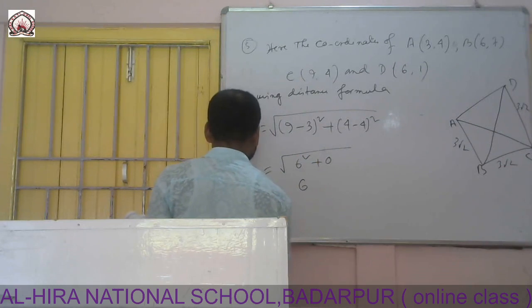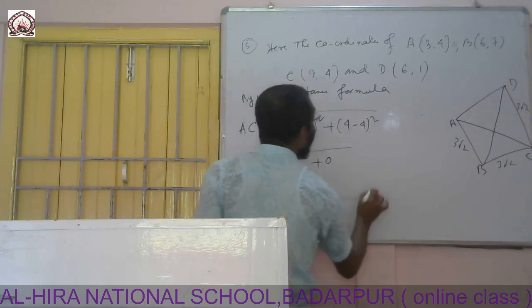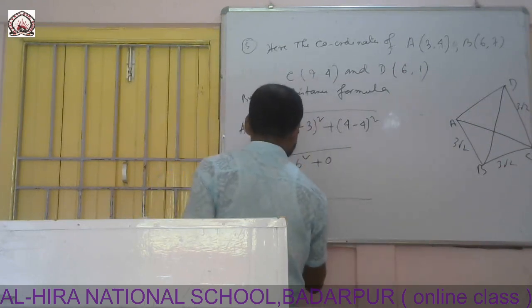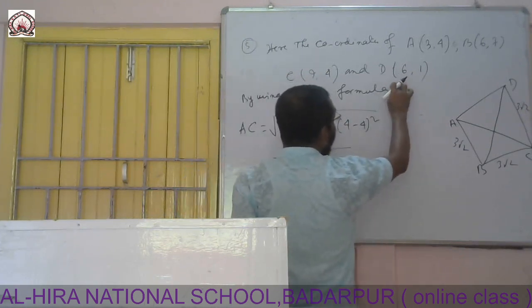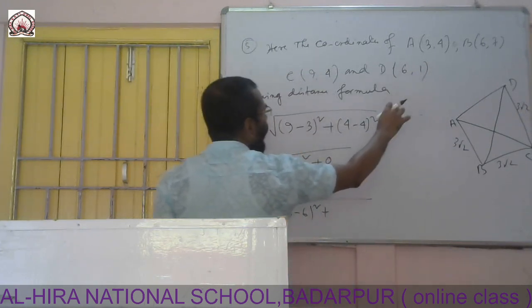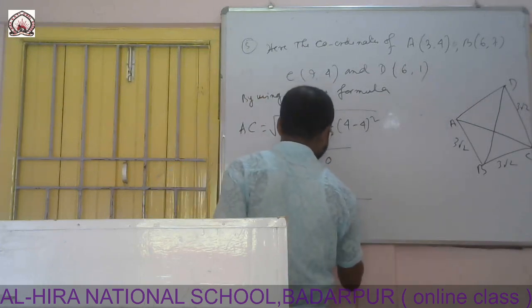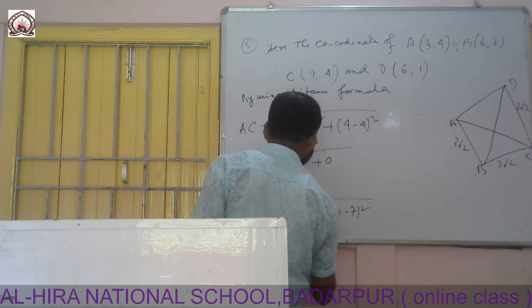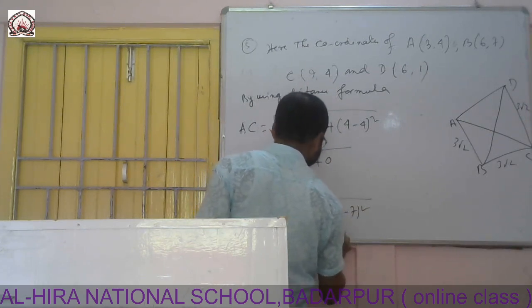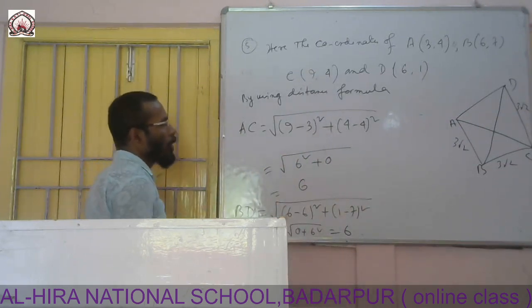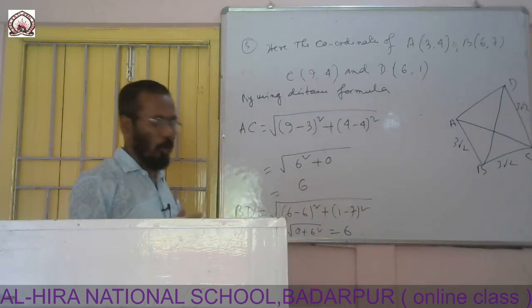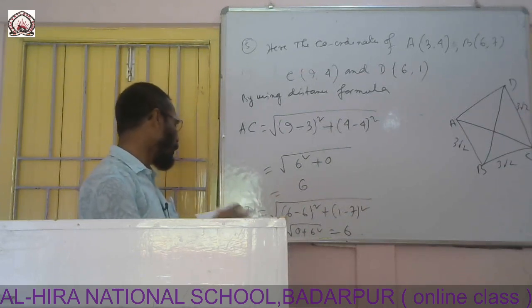And BD will be square root of 6 minus 6 whole square plus 1 minus 7 whole square. So the first one is 0 and minus 6 whole square is 6 square, which is again 6. So AC and BD diagonals are equal. So we can say properly that this is a square.